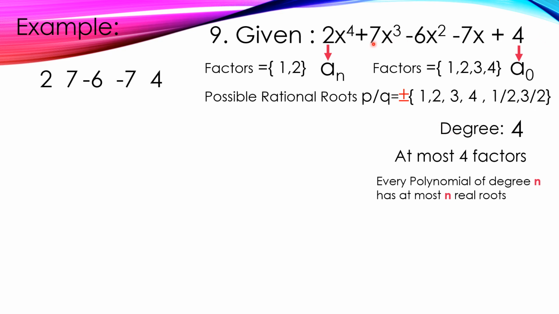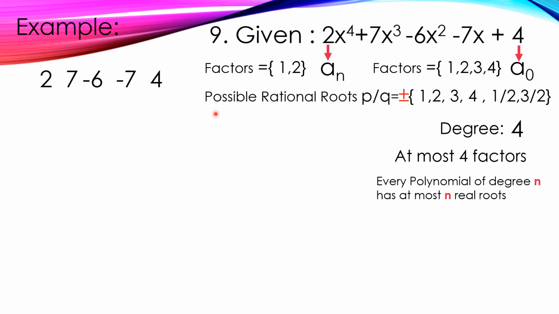So again, consider that the given polynomial should be arranged in the standard form. Since the given is in the standard form, just bring down all the coefficients of the given polynomial. So we have 2, 7, negative 6, negative 7, and then positive 4.